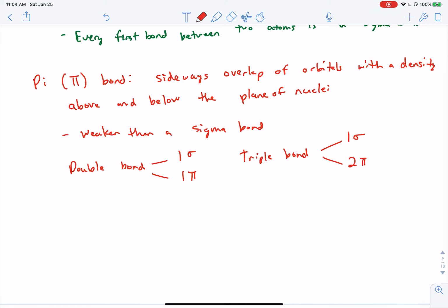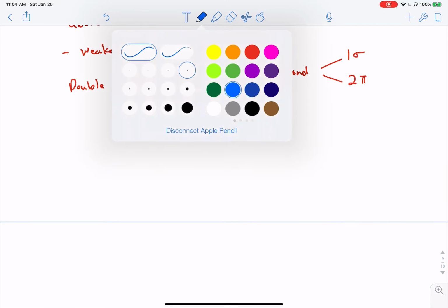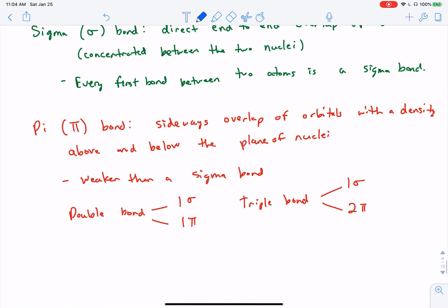So understanding that brings up an issue with the way bonding works. Okay, because we've established that it's an overlap between orbitals. Well, then how do you explain something like CH4?